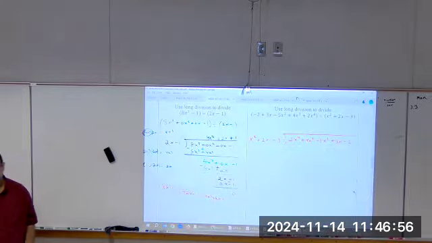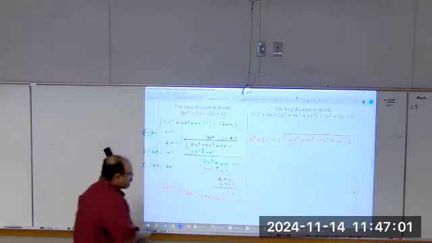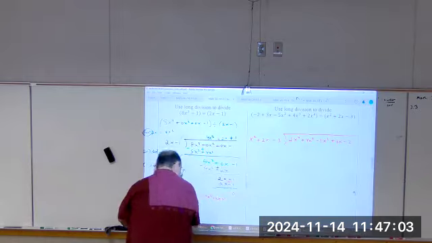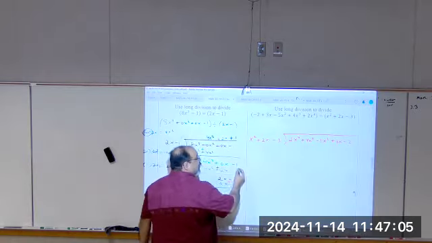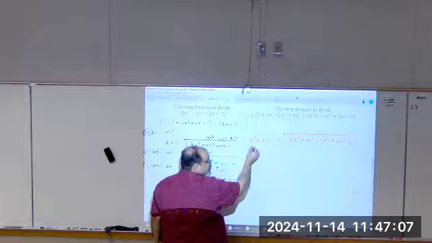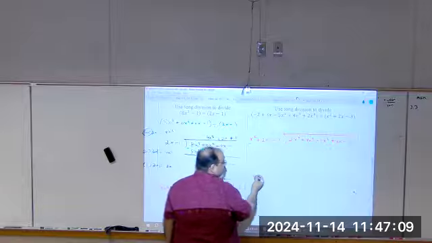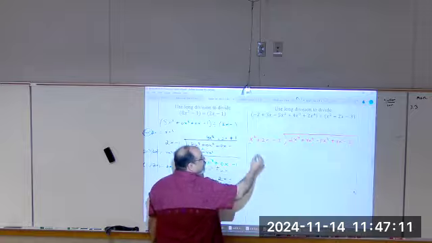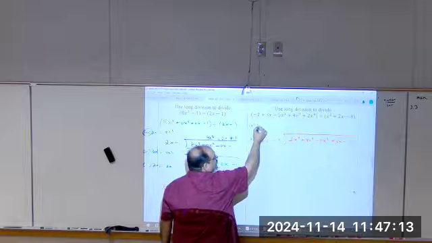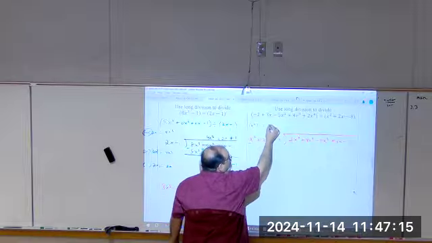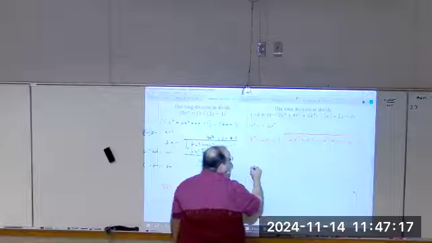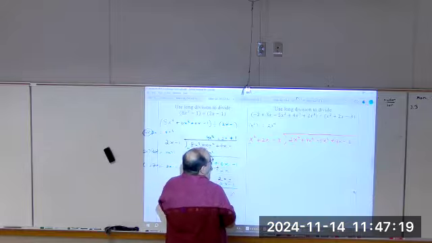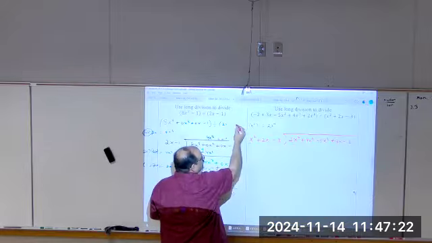Now, it looks horrible. But think about it. All you care about, I don't know how many times I said that, is this first term and this first term. Everything else doesn't matter. I have an x squared. I want 2x to the 4th. So what times?